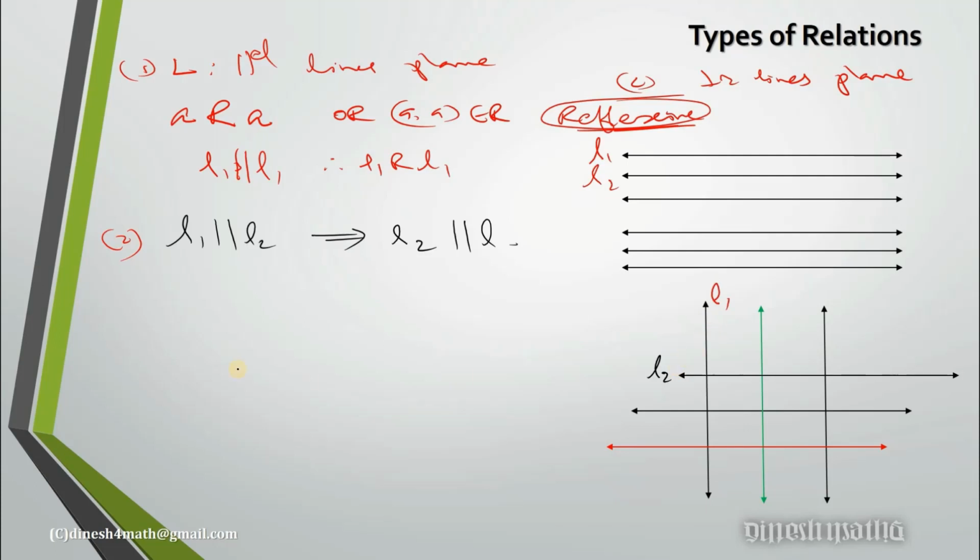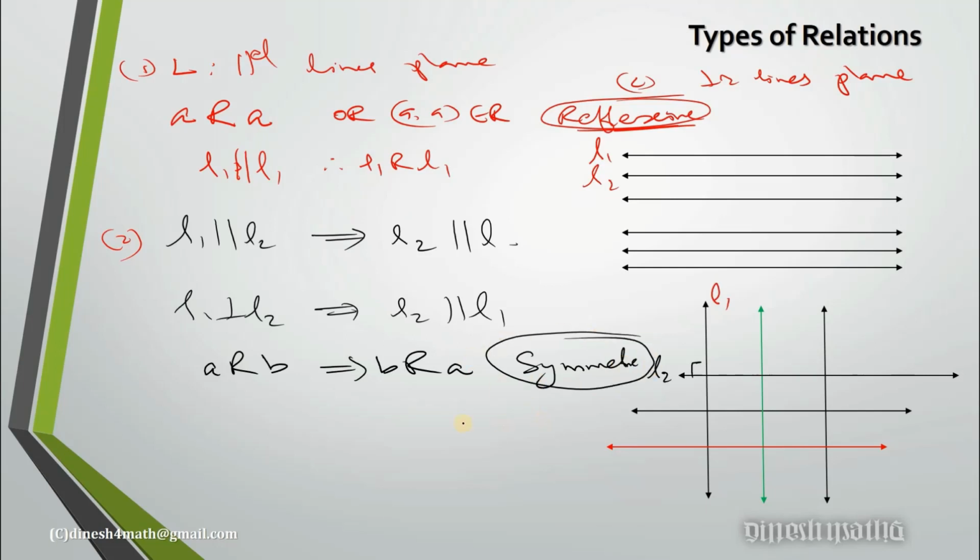L1 is perpendicular to L2. So what about L2 and L1? That gives L2 is perpendicular to L1. In such cases we call the relation symmetric. So in general we say: if A is related to B, and that gives you B is also related to A, we call it a symmetric relation.